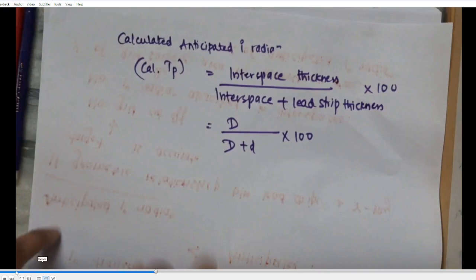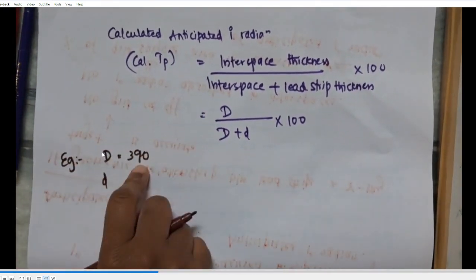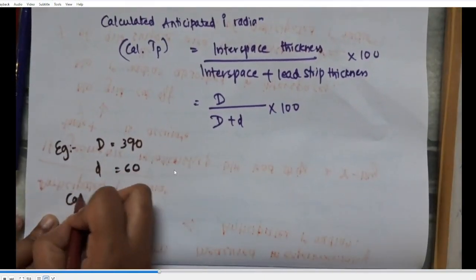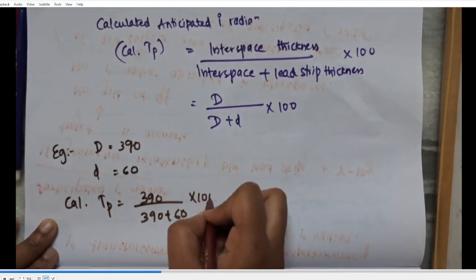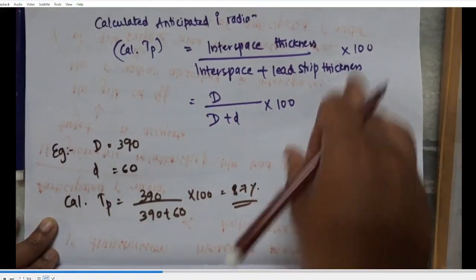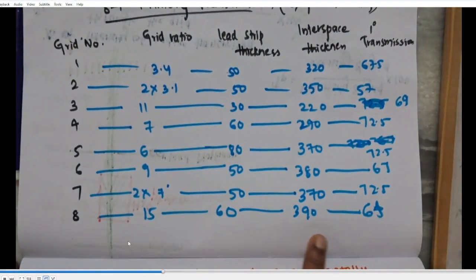Let us take an example where the lead strips are 60 microns thick and the interspaces are 390 microns wide. If you calculate the anticipated primary radiation, it is around 87%.